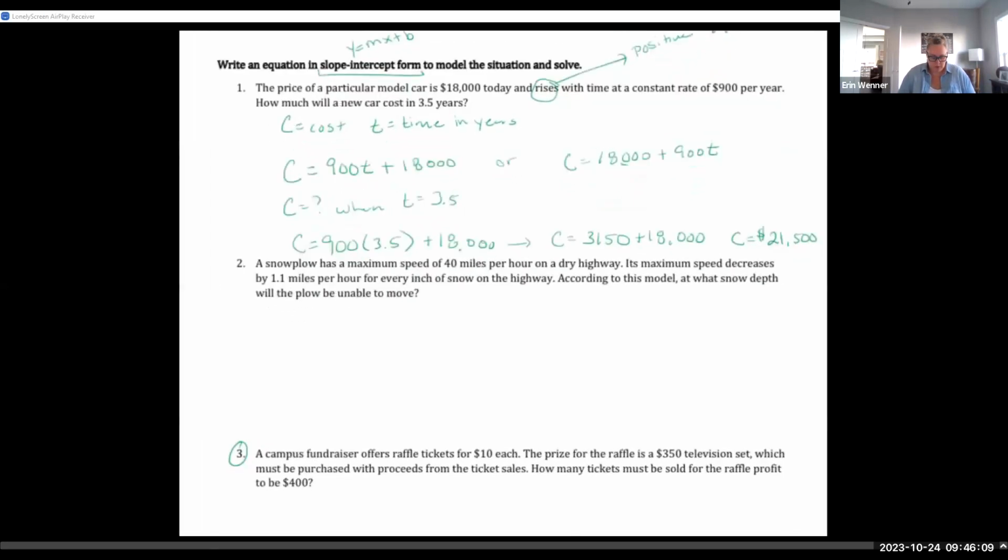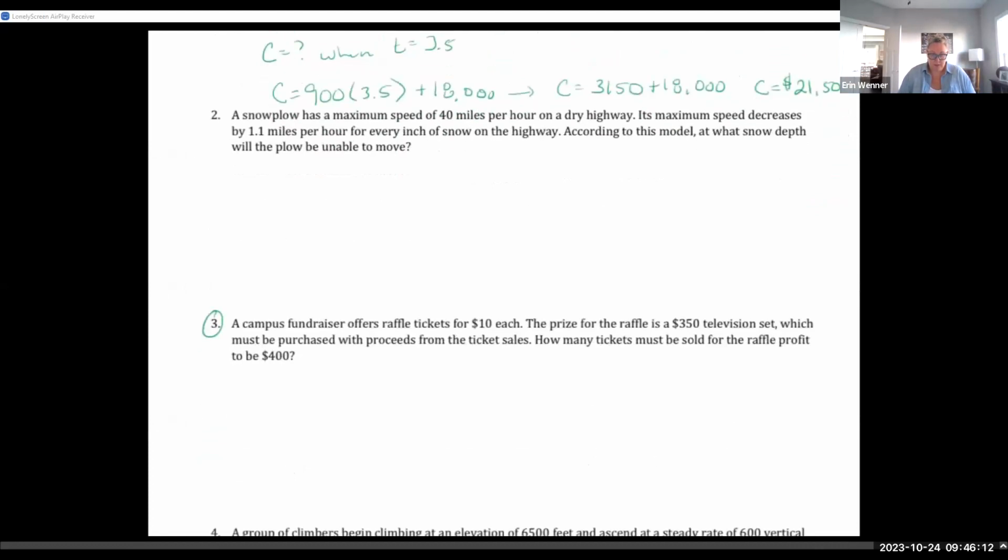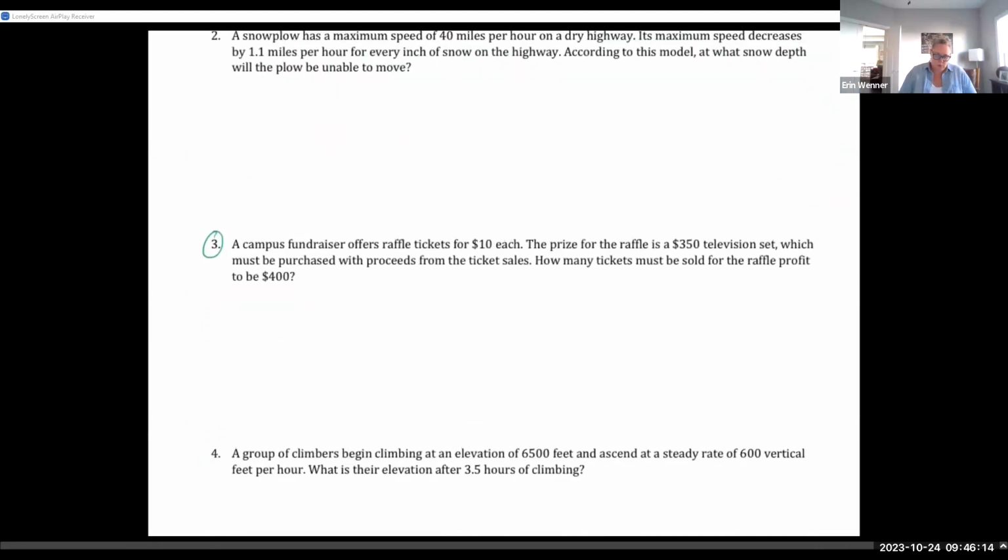So remember, we want to first define our variables, right? We're looking at selling tickets and making a profit or proceeds. So I'm going to say P equals our proceeds, and T is going to be the number of tickets. So our generic equation is going to have both P and T in it.